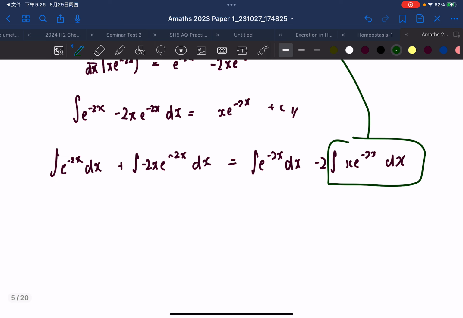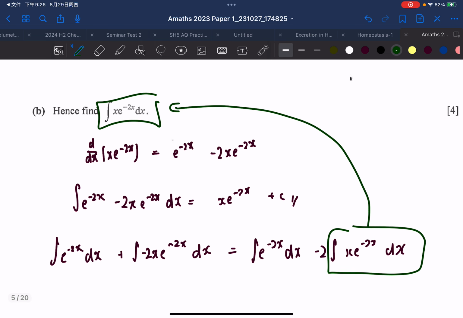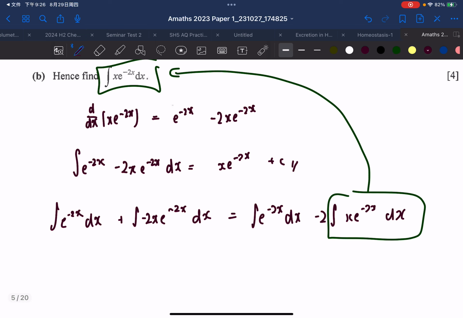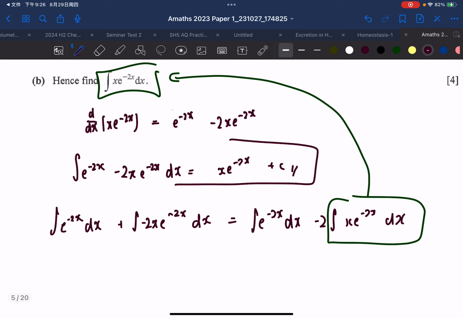So if we rewrite a bit, we relate to what we have over here. Negative 2x e negative 2 dx, because this is equal to this.